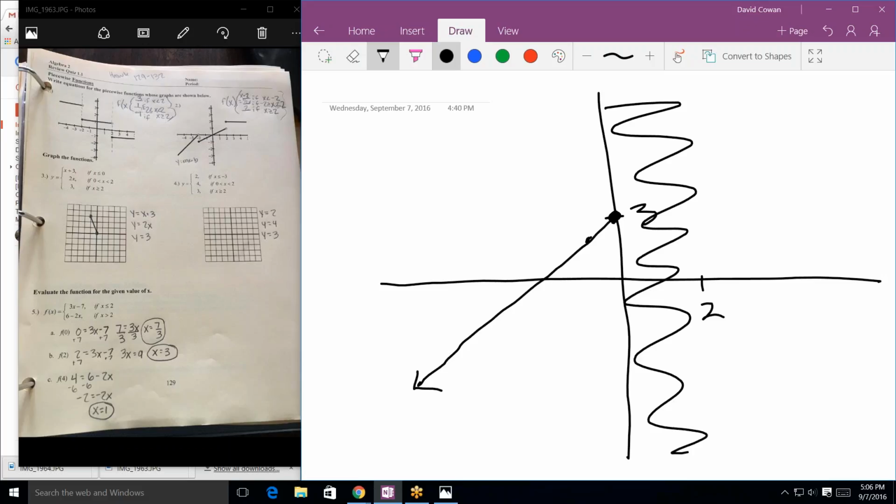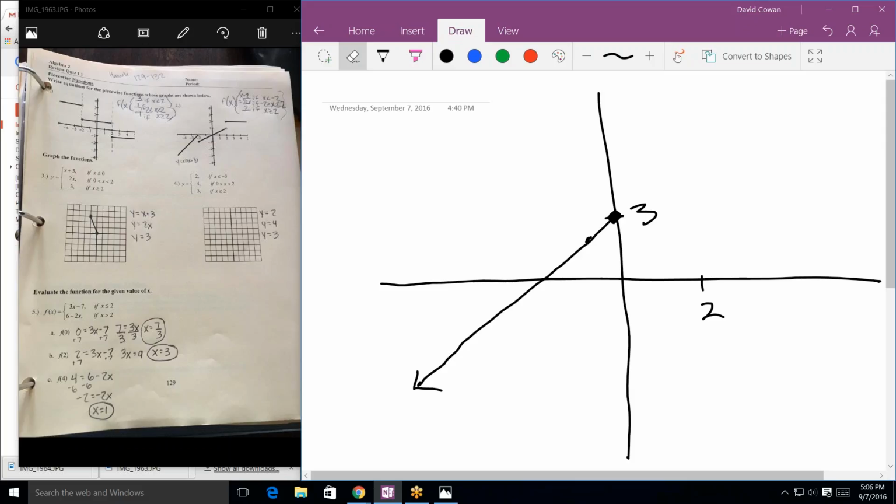So we would go left to right. Now, what's the y-intercept? If the function is 2x, what's the y-intercept? 2. No, that's the slope. That's the slope. 0, yeah, my bad.